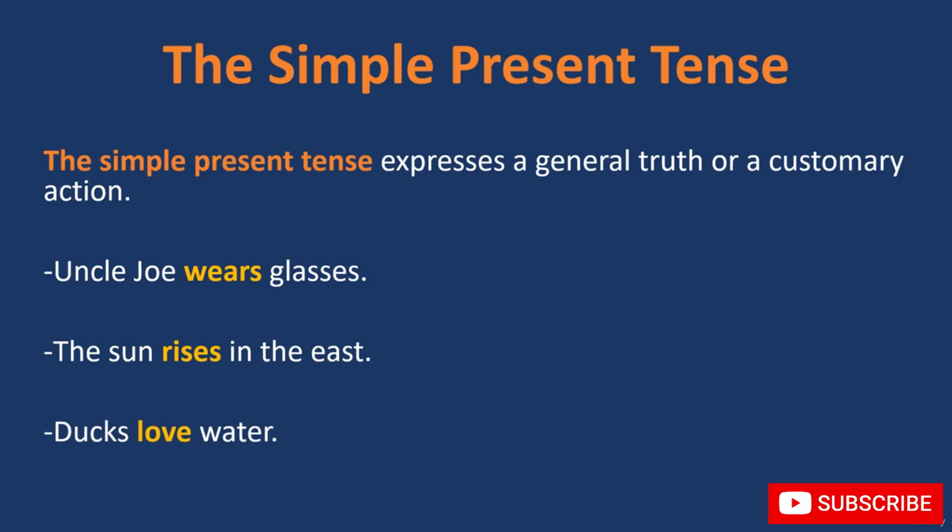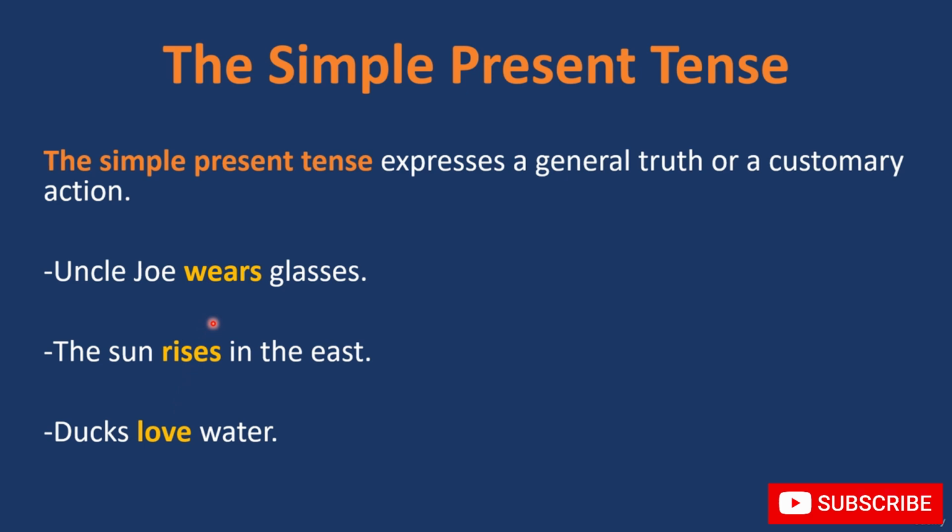Ducks love water. Again, Uncle Joe wears glasses is his habit. The sun rises in the east is a fact. Ducks love water is a fact also. So the present simple expresses facts or habits.